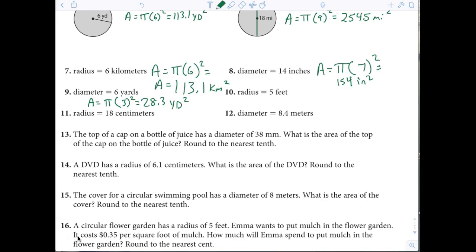Joseph, what about number 10? Okay, so tell me what the answer is. About 78.5 what? Feet what? Square. Measure area with squares. Jack, number 11.